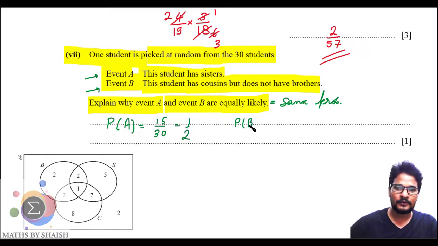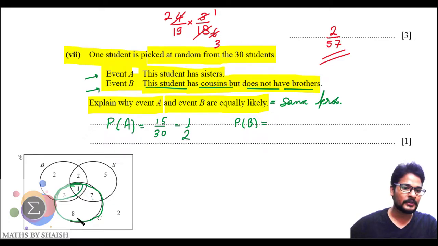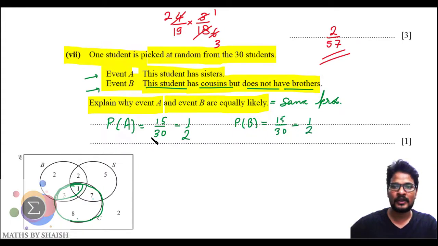Now the probability of event B: this student has cousins but does not have a brother. So for cousins, this is the circle, and does not have a brother means we cannot take these two, so we are left with 7 plus 8, that is of course 15, and 15 over altogether 30 is 1 by 2, and since they are the same, that's why they are equally likely.